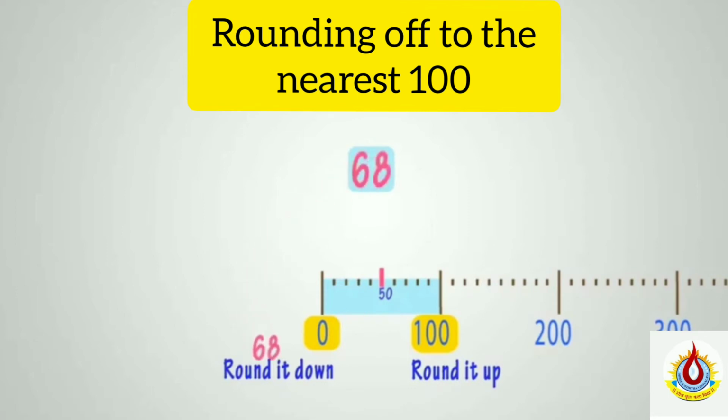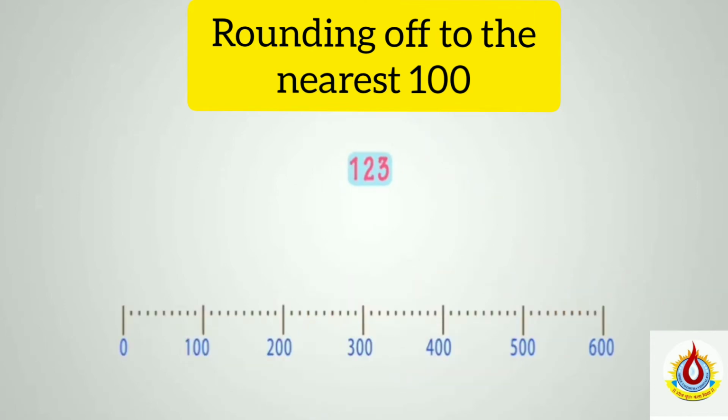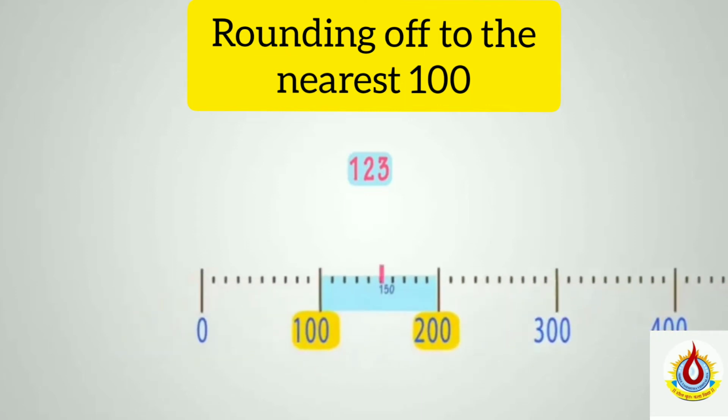Let's take another example, 123. Let's first put it on the number line. It is somewhere between 100 and 200. 123 is below the 50 mark. So we will round it down to 100.